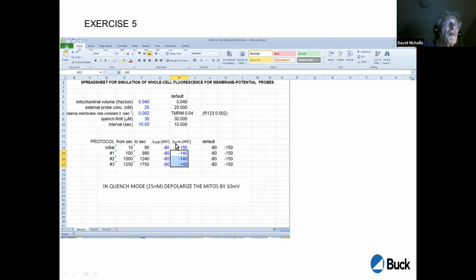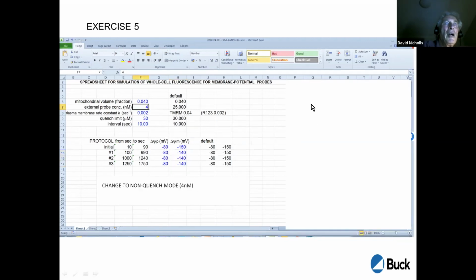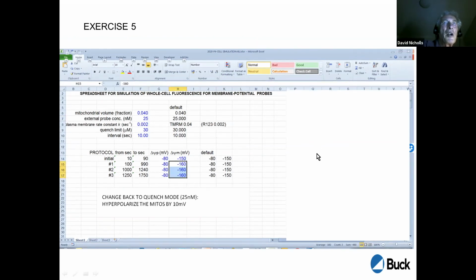So we're with rhodamine 123, probe is back to 25 nanomolar, quench mode, and we've just dropped the mitochondrial membrane potential by 10 millivolts. And when we do this, we can actually show what happens. You don't need to go on to a breakout in order to show this.